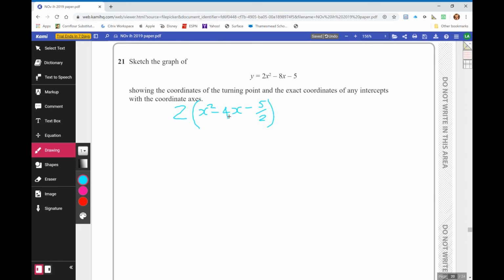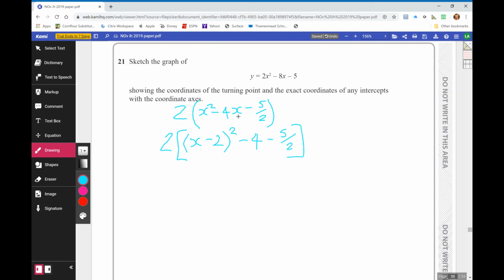So this would be minus 2x, minus 2, so get the 2 outside, and do like a big square bit, and then inside x, you'll do half the b value squared, and then remember you minus the square of this as well, and then minus 5 over 2, and then take that all out.